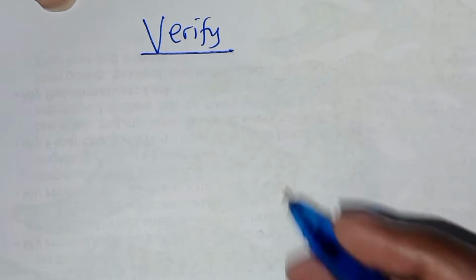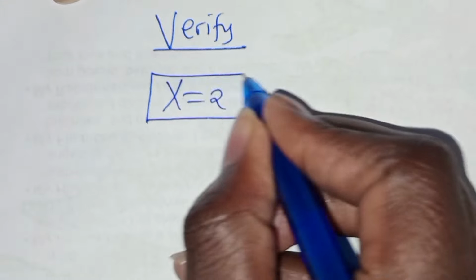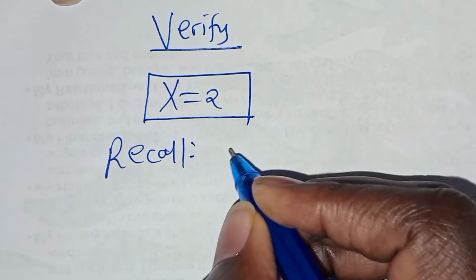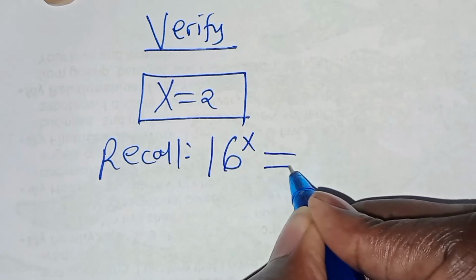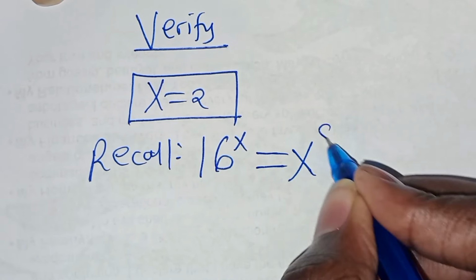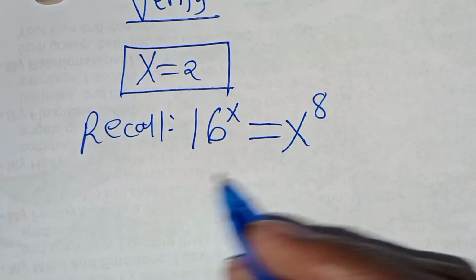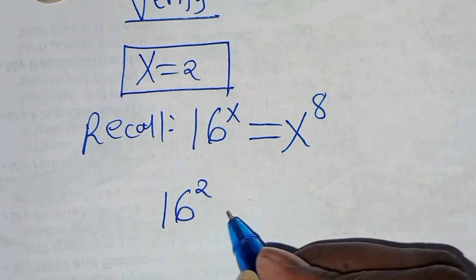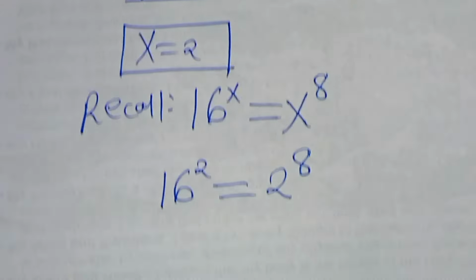Now let's verify that x equal to 2 satisfies the equation. Now, if you recall, we have that 16 raised to the power of x is equal to x to the power of 8. So let's substitute the value of x here, which is 2, so that we have 16 raised to the power of 2 equal to 2 raised to the power of 8.